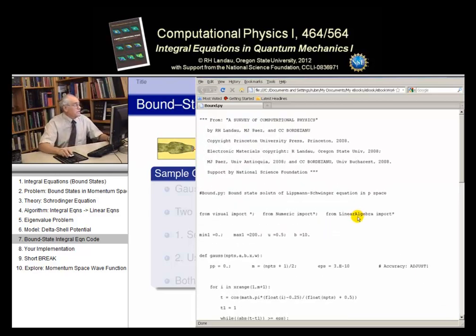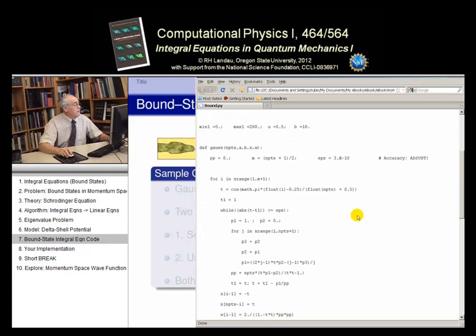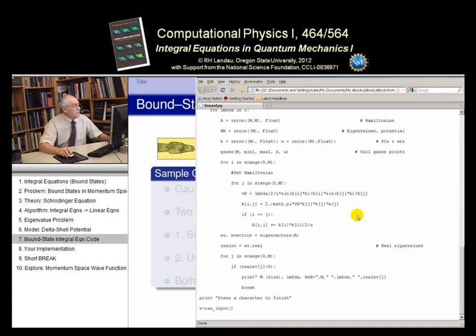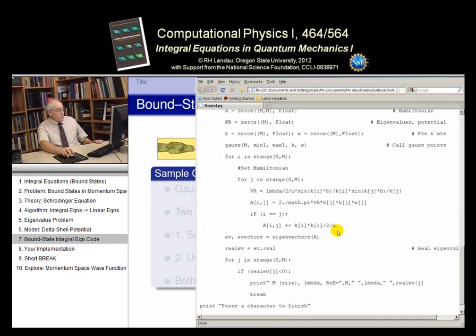I know it's hard to see, and I won't go through the whole code, but here's the relevant part. And what you see here is A is our Hamiltonian matrix. Okay? Most of the work is here setting up the potential elements, which you'll recognize, and now we're adding on the kinetic energy term, and that's it.